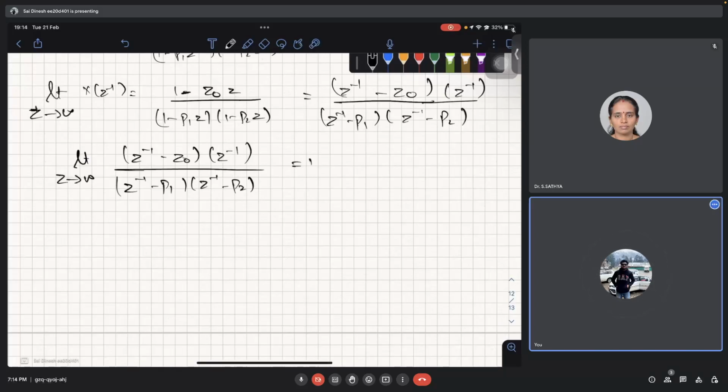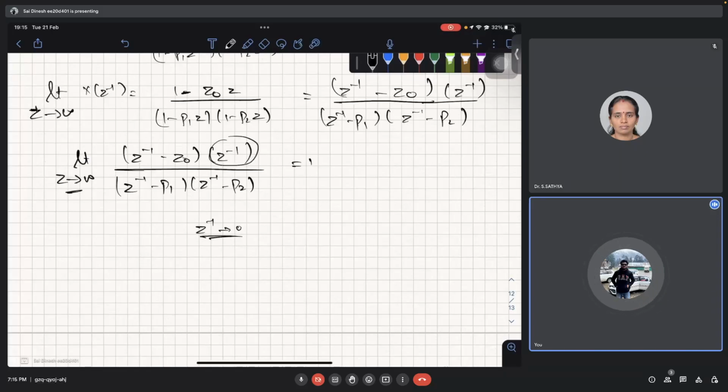If z tends to infinity, z inverse tends to 0, but we have a z inverse in the numerator. What does this suggest? It means that this z inverse is getting cancelled somewhere.